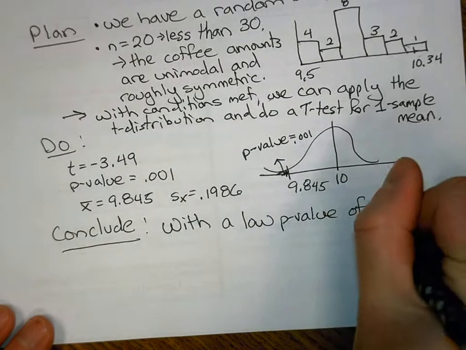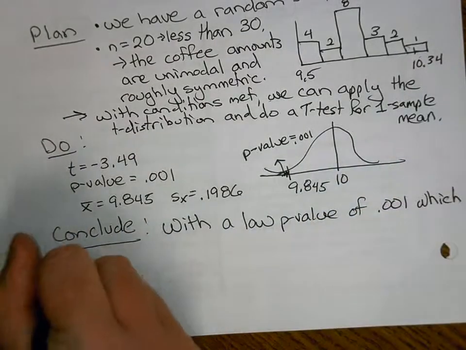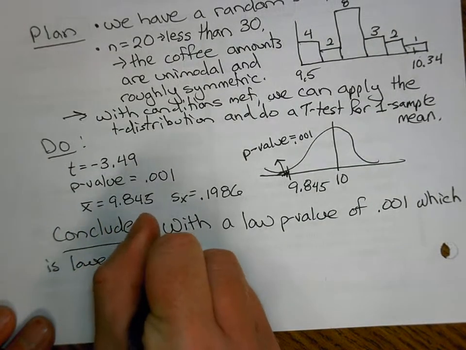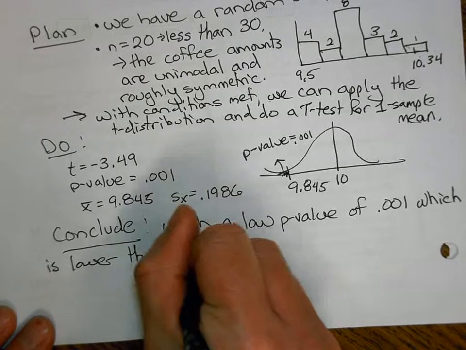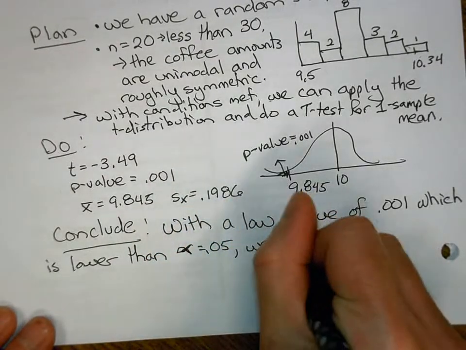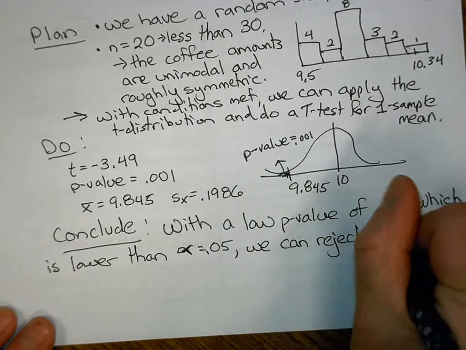So, with a low p-value of 0.001, which is lower than alpha equal to, that's a bad alpha, 0.05, we can reject the H0.